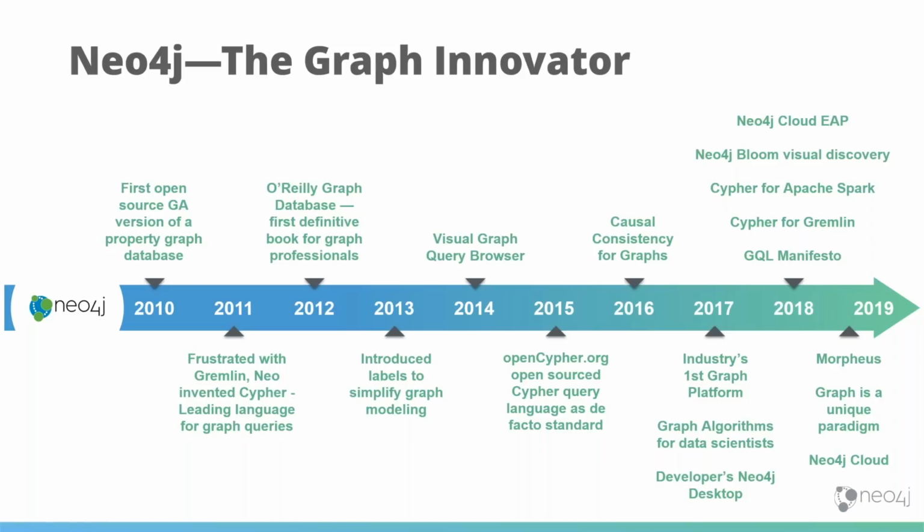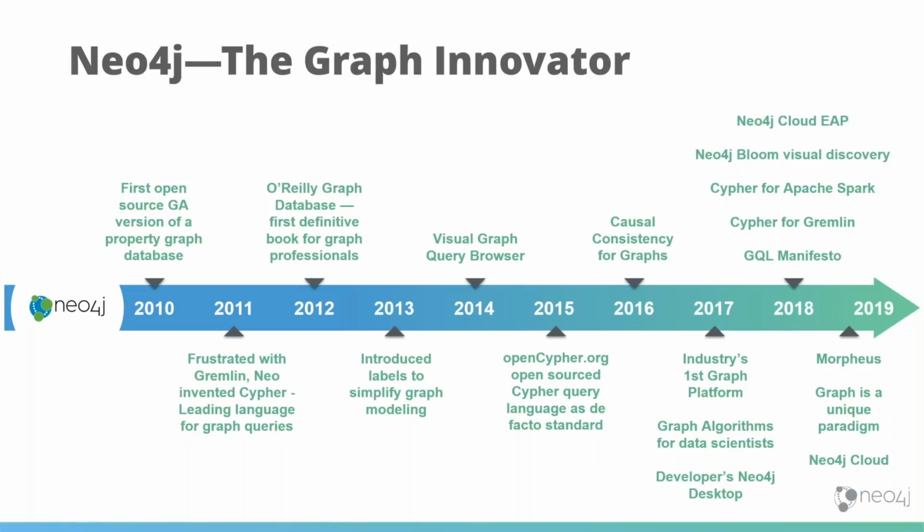Fast forward to this year, and we've also introduced the GQL Manifesto, which you can find at gqlmanifesto.com, and that in itself is our call to arms of the entire graph industry to help promote a common universal language of graphs, and we're making great headway there. Look for some more announcements of that in the future.